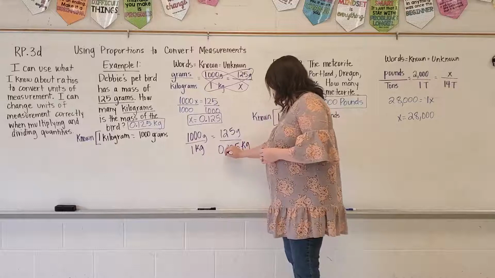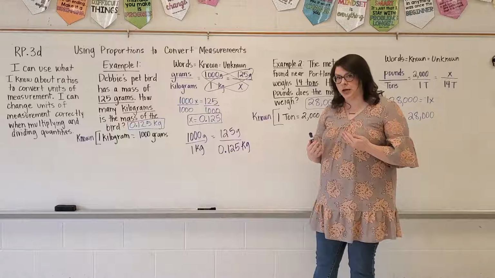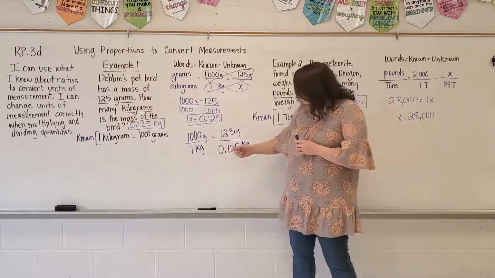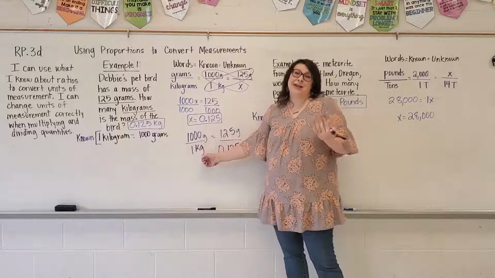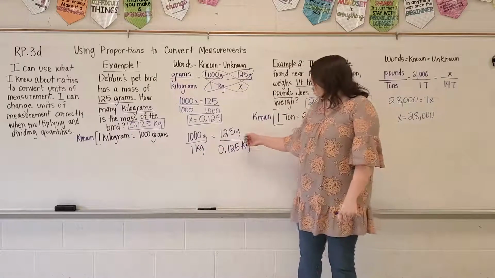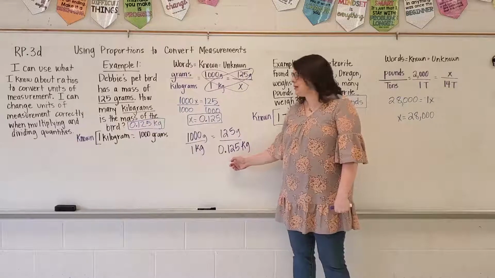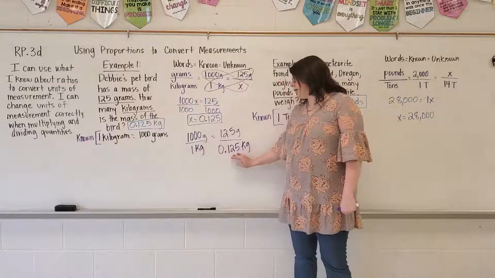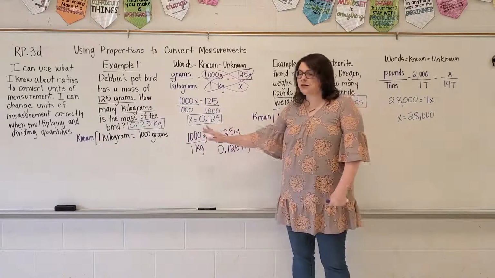If you look at this ratio, it makes sense because the proportion makes sense. In this example, the numerator is greater than the denominator, and that makes sense because a gram is much smaller than a kilogram. So it takes more grams to make a kilogram. When our kilograms decreased, our amount of grams decreased as well, and vice versa.